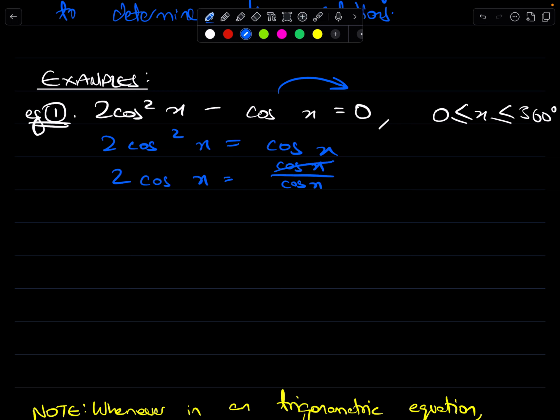So again, this is how the 2 cos x cancel out and we will be left with the 1. So we have cos x is equals to half.